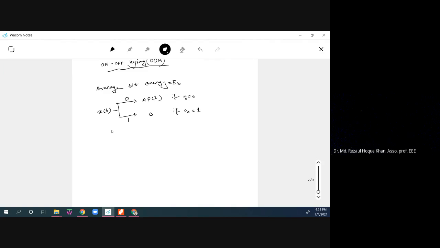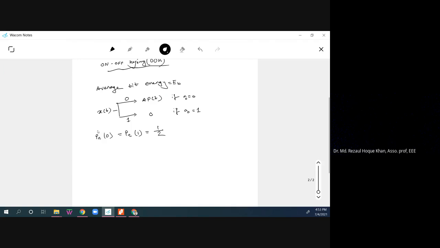So 0 and 1 bit. Okay, that's what we know from this ASK signal. Now what is the probability? So the probability of 0, they're equal probable, is the same as the probability of 1. We actually saw it also in BPSK that probability is half.